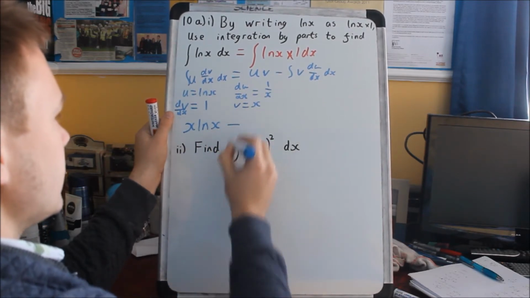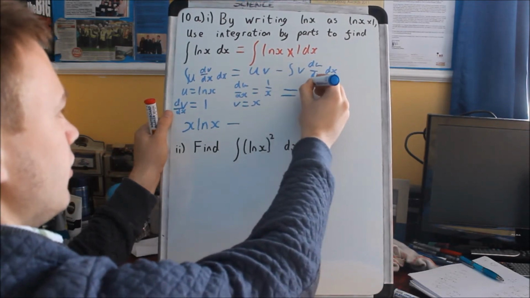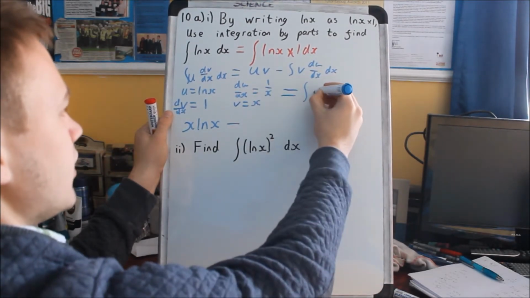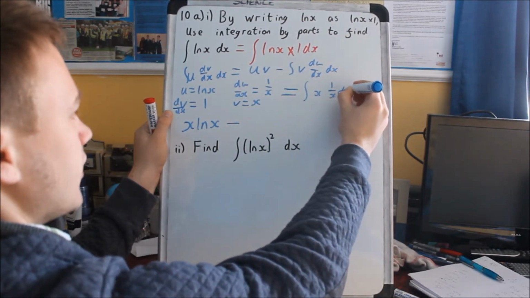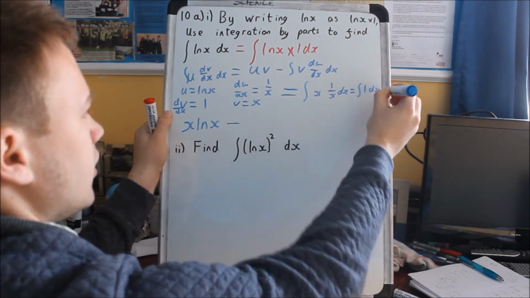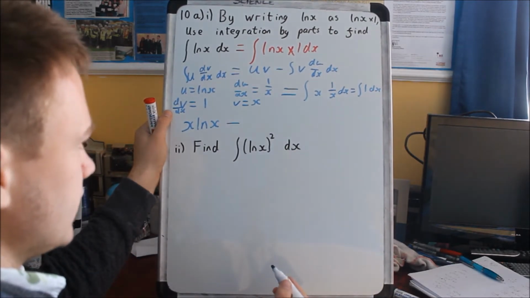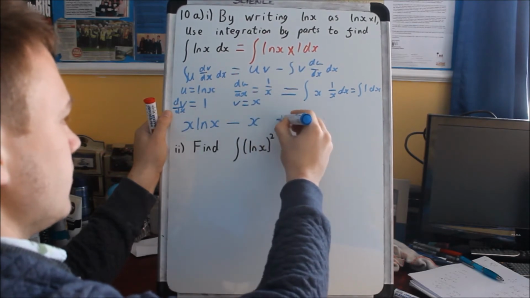Then we've got minus the integral, so we'll do it over at the side here. We've got the integral of v, which is x, times du dx, which is 1 over x dx, which is the integral of 1 by dx, which you should know is just x. So it's x ln x minus x plus c.